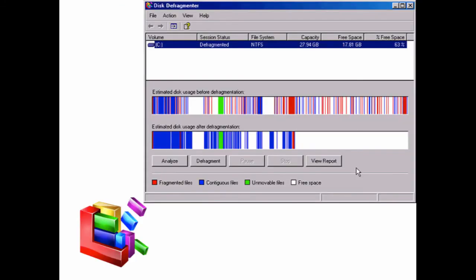A third type of software is that of utility software. Here we see disk fragmenter. The disk fragmenter, its job is to make the computer efficient. What we see up here are essentially files which have been spread all the way across a hard disk. The disk fragmenter will put all of these bits into one place.